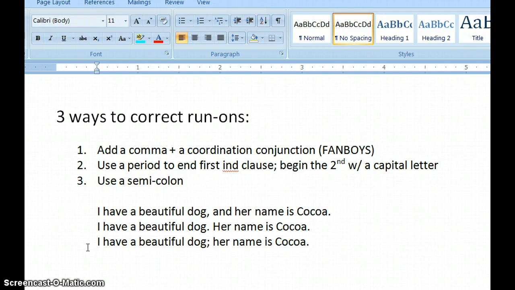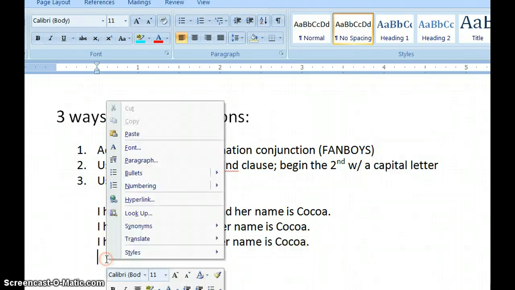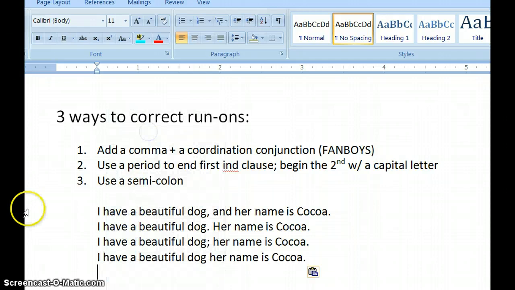But the key here is that you have to recognize when you have the run-on. Yes, when you see it, but more importantly, when you write it, that you can go back and see that that is two ideas.